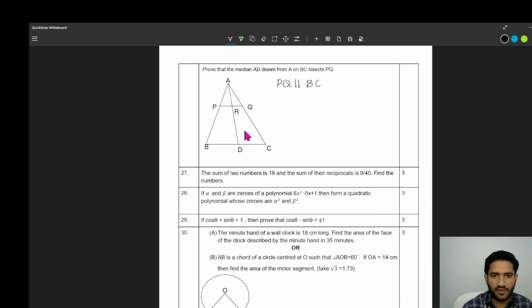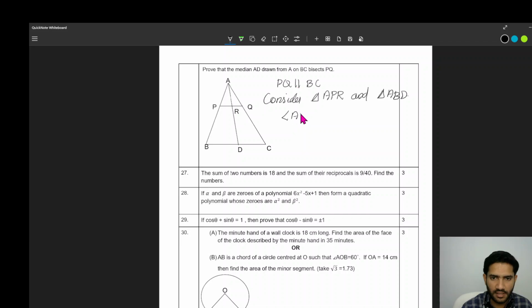So look at here. First of all, we are considering these two triangles. That means consider the triangle APR and triangle ABD. Because we know that PQ is parallel to BC, so corresponding angles are equal.